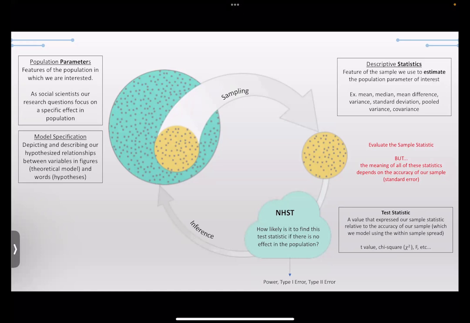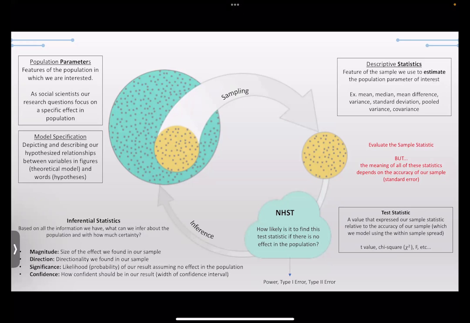And using that information, along with the other things we have in our, let's call it our inference toolbox, we then make an inference back up to the population about what's really going on. And that is stats. This is literally all we do for the whole rest of the year, okay, in one slide.